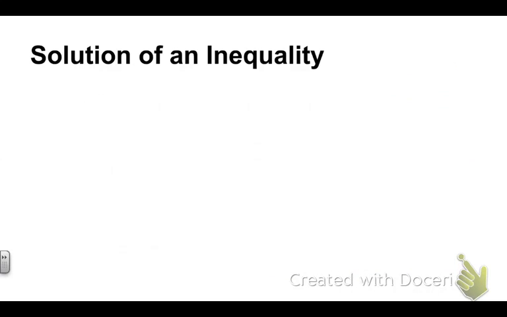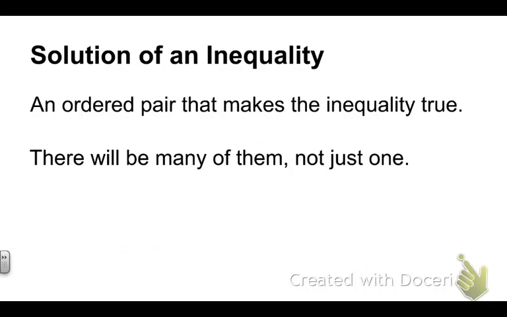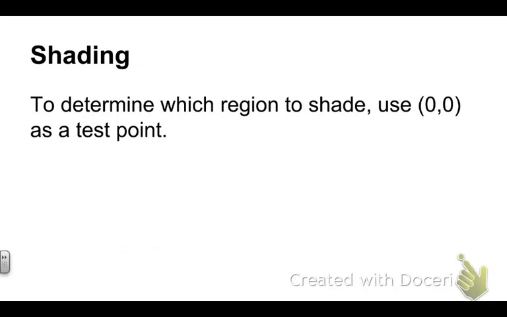So now the solution of an inequality is an ordered pair that makes the inequality true. And like I just said, there's going to be many of them, not just one.